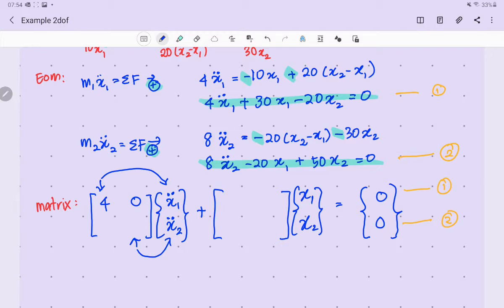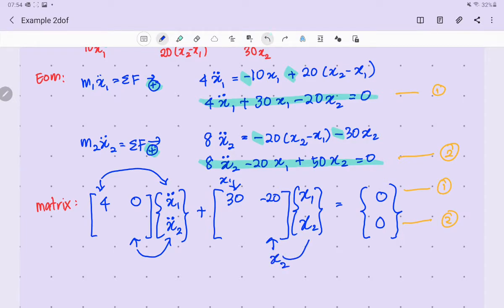Then you have to plus 30, I put 30 here because this one belongs to x1 and negative 20 belongs to x2. Quite similarly, each of these columns over here is for x1, whereas the column over here is for x2.